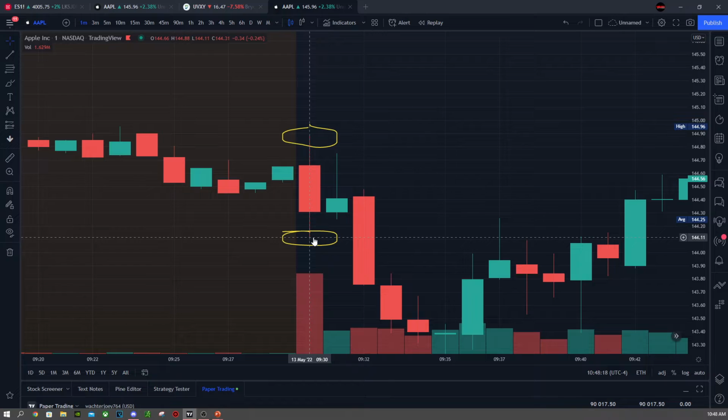The lowest it's been is the bottom of this wick. So the lowest is $144.11. So that's how you read the wicks. It's just showing you how high and how low it's been in that minute.